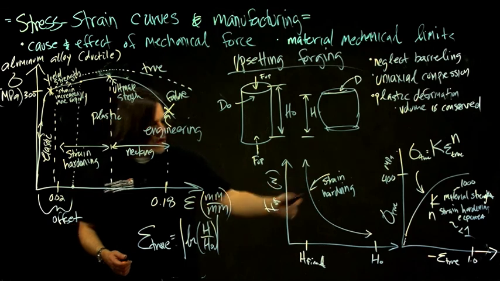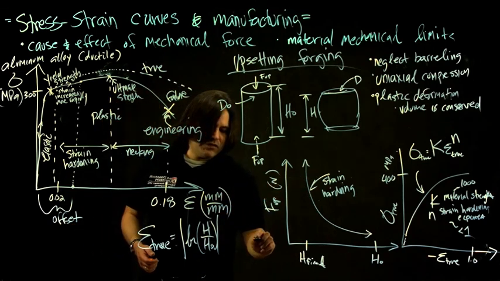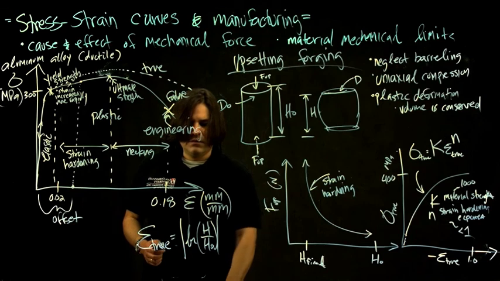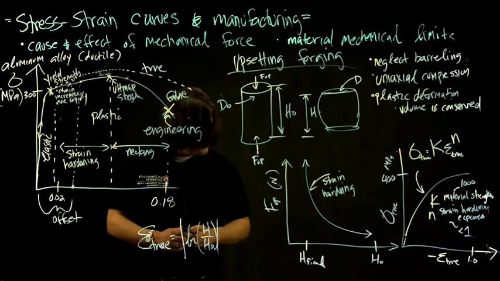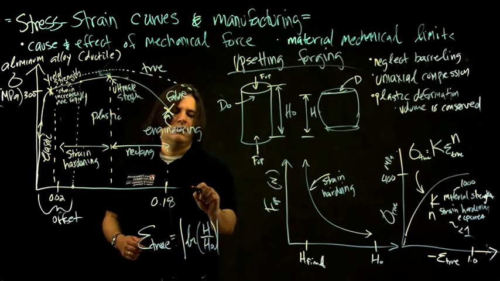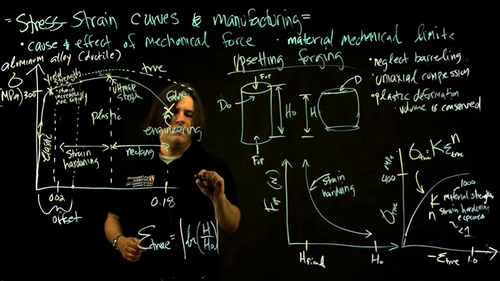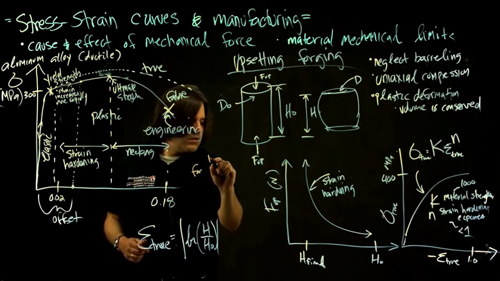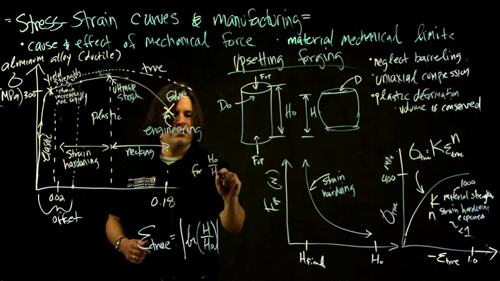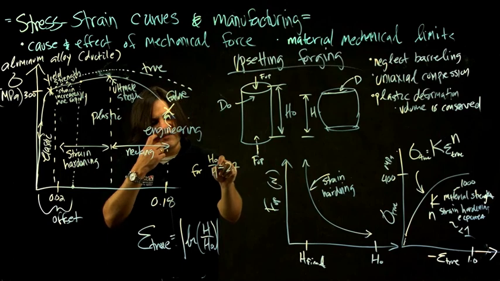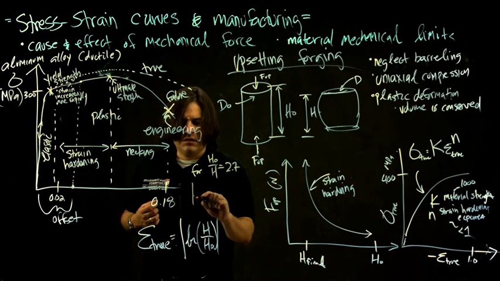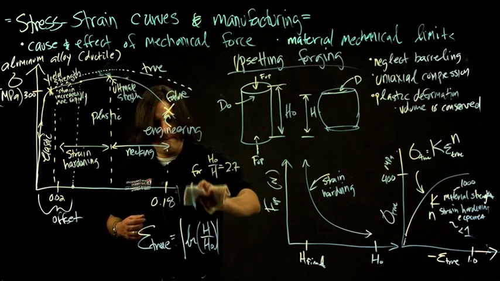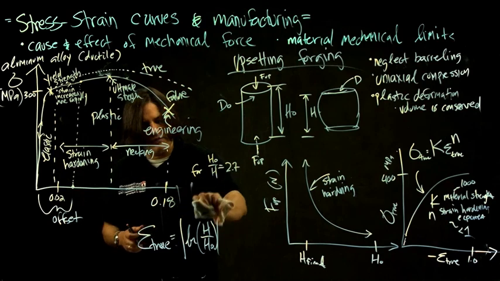And for the 1, that gives you, note, for the original height over the instantaneous height, if that's about 2.7 times less than the original, the magnitude of the true strain is 1.